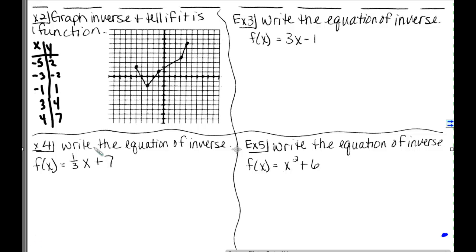The first thing we need to do is plot the original points of our function. Then we plot the inverse points to our function. Now let's determine if the inverse is a function by doing the horizontal line test.